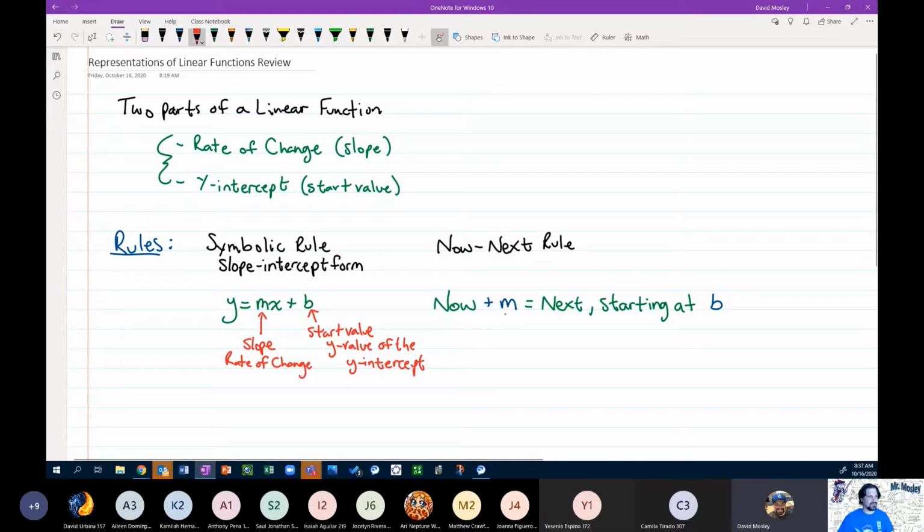And those are the same things over here. We add the rate of change to now, and we start at the start value.